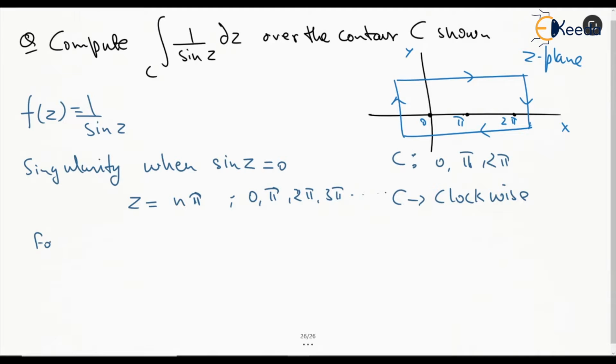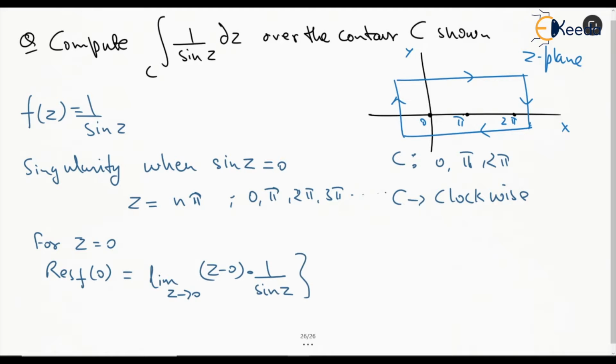For z equal to 0, the residue is going to be limit z tends to 0 of z minus 0 into 1 by sine z, right?